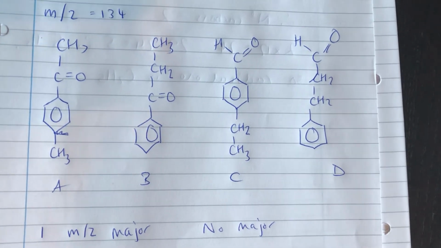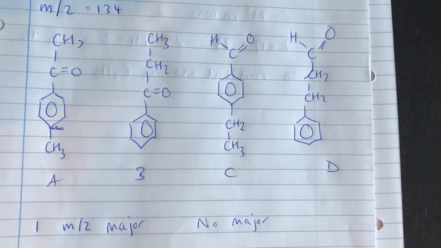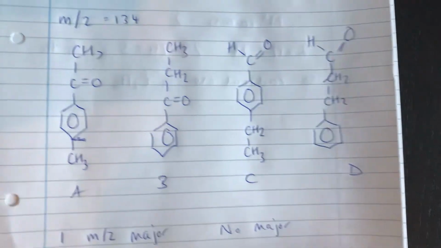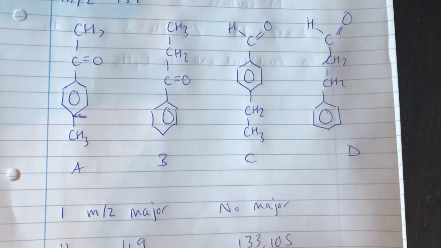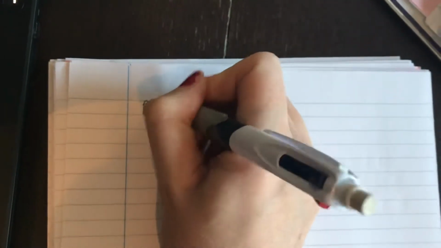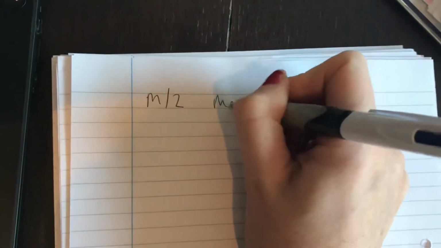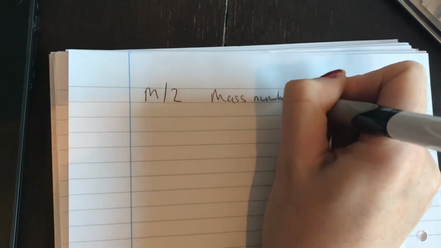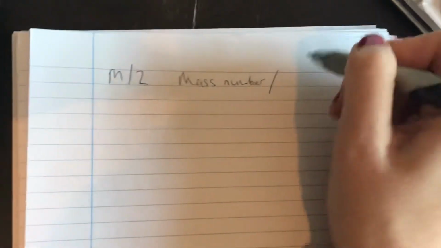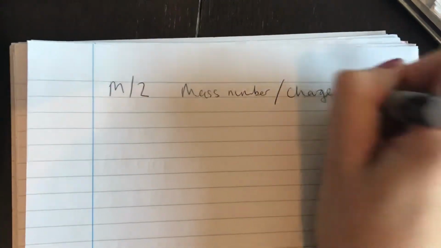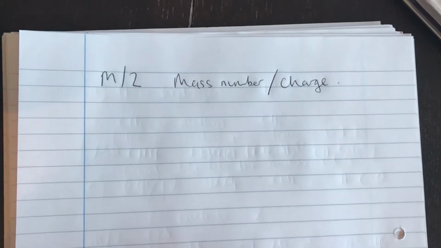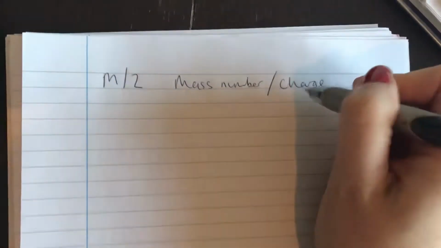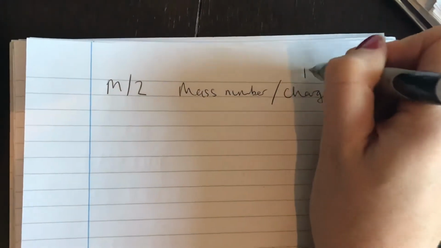Okay, 2 of the molecular ions fragmented to form an ion with an M/Z value of 133 by losing a radical. M over Z, by the way, is basically the mass number divided by the charge, and we assume that the charge on all of the ions is 1+.